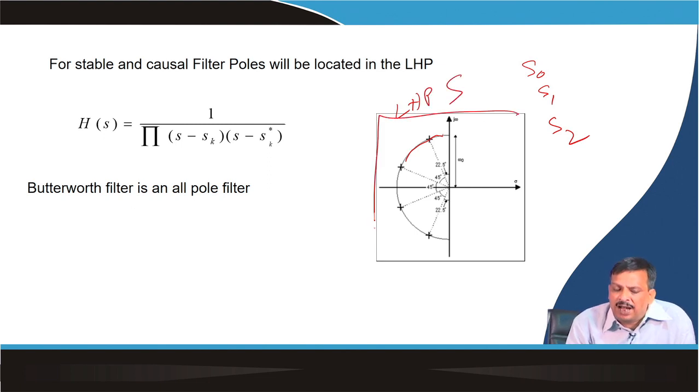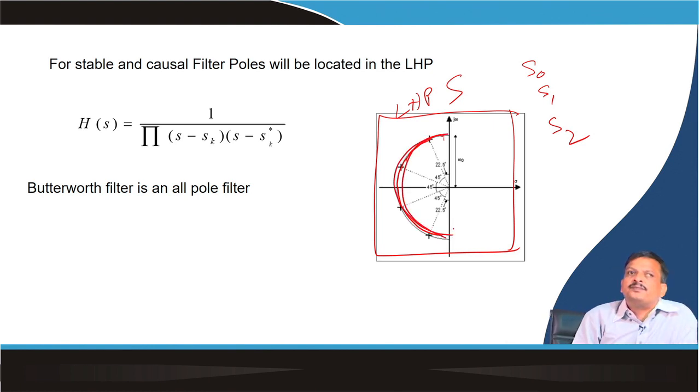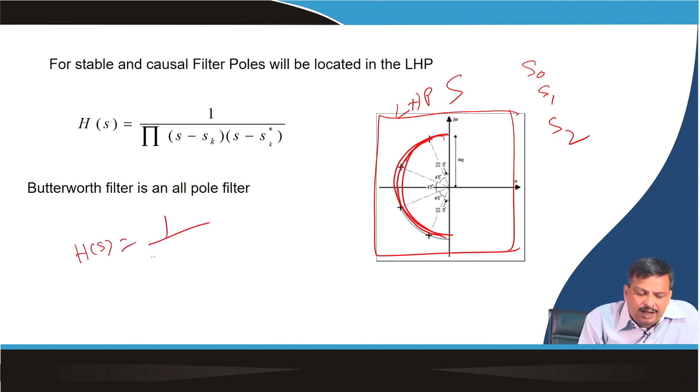So H of S is nothing but 1 by the product of S minus Sk into S minus Sk star.